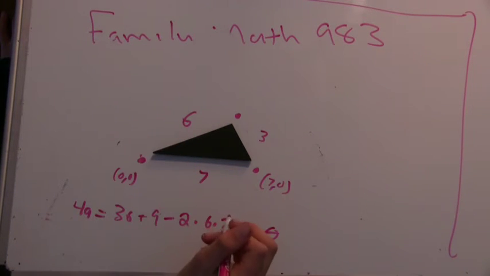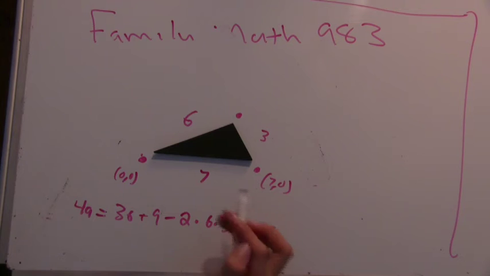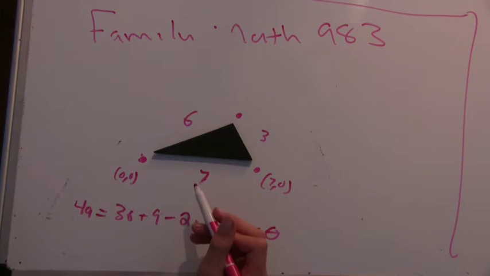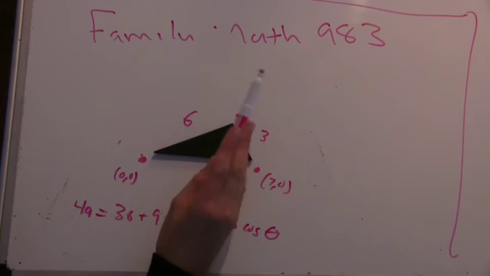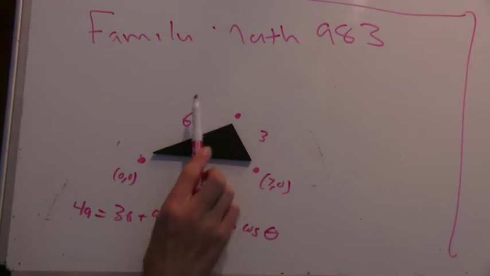Well, let's be careful. Look at the law of cosines you wrote down. It starts with 7 squared equals 6 squared plus 3 squared minus 2 times 6 times 3 times cosine of what angle? The angle between these two sides.